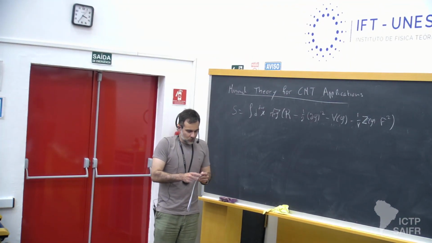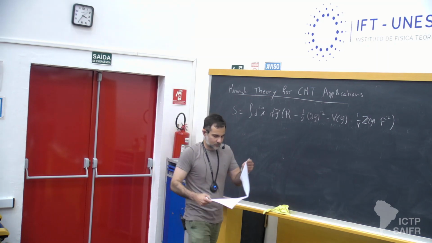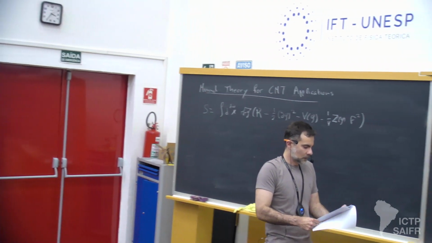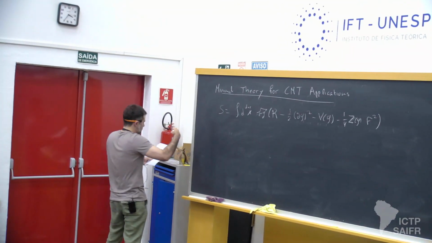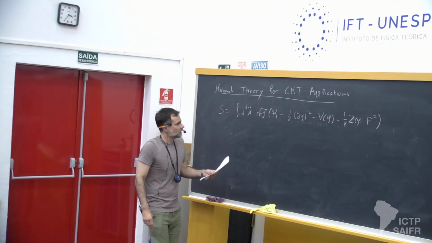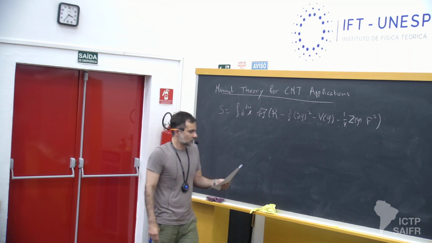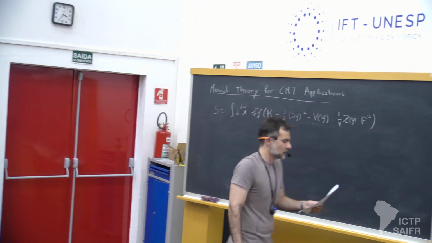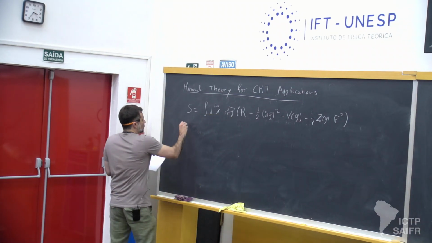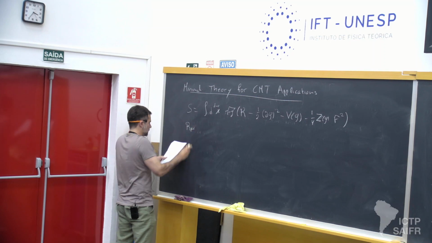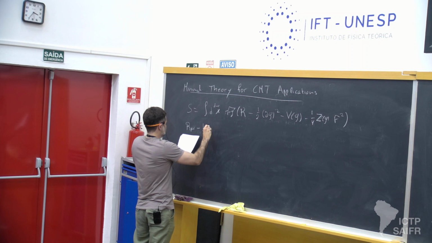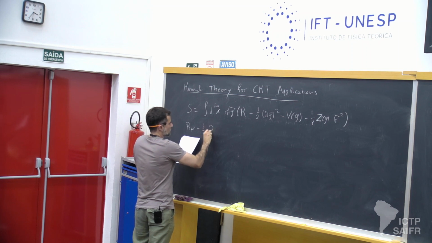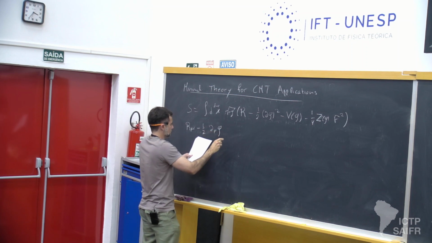So the theories I'm going to be interested in will look like this. And you can vary with respect to the metric, the gauge field, and the scalar, and write down the equations of motion. So if you write down Einstein's equations of motion, you will have the contracted version.